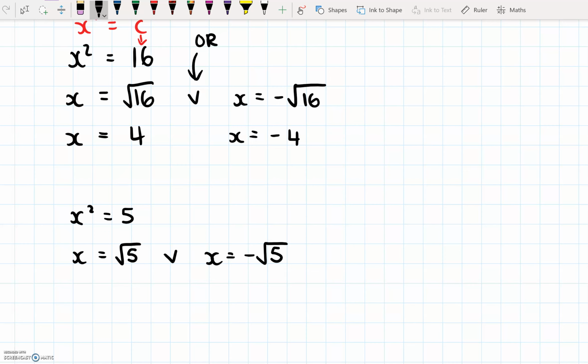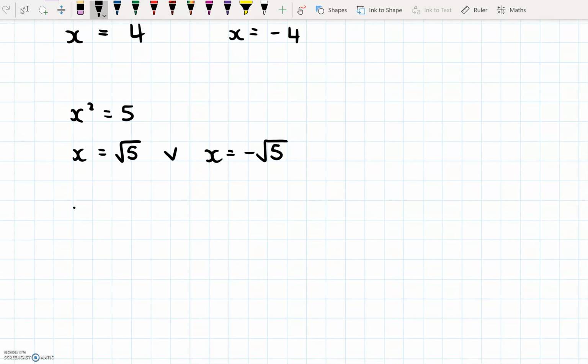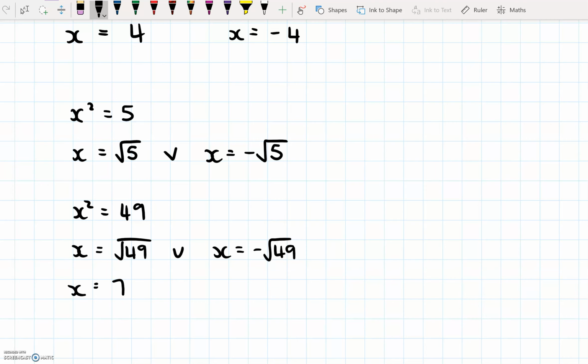This also works. If we have x squared equals 49, x equals the square root of 49, or x equals the negative square root of 49, and that will give us x equals 7, or x equals minus 7.